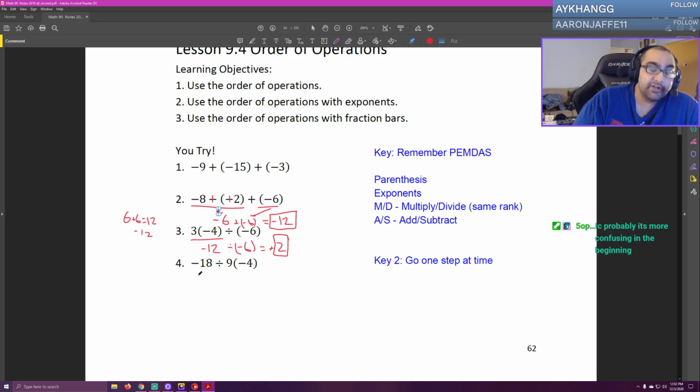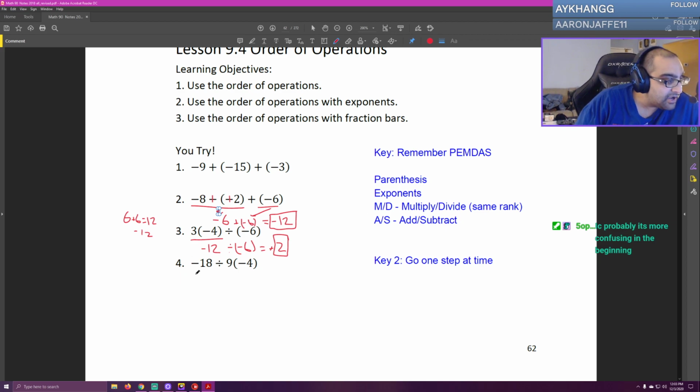All right, everybody. Let's remind ourselves about order of operations. Multiply and divide are the same rank. So what does that mean? That means that we have to work from left to right, much the same way we talked about previously. If multiply and divide are the same exact rank, treat it like you would add and subtract. You're going to go left to right.